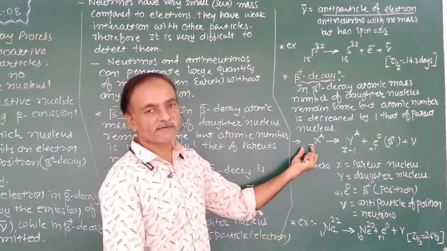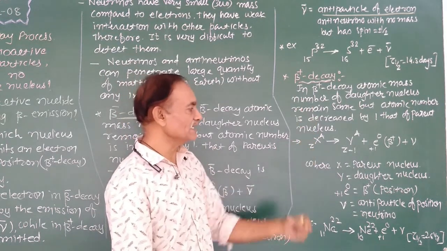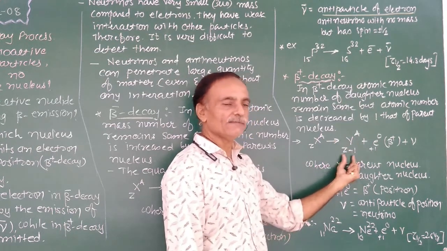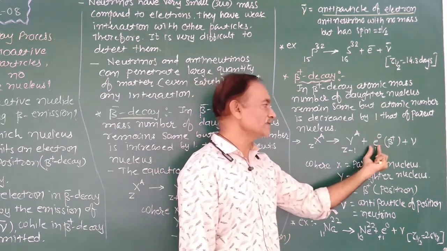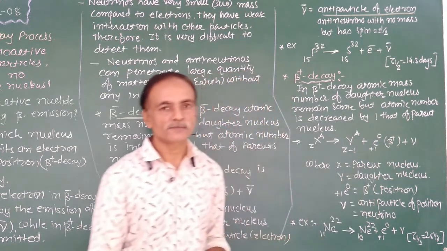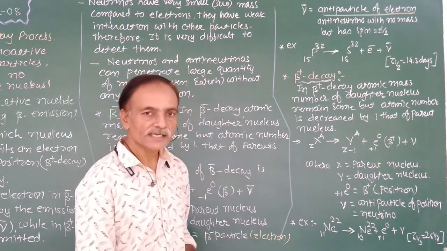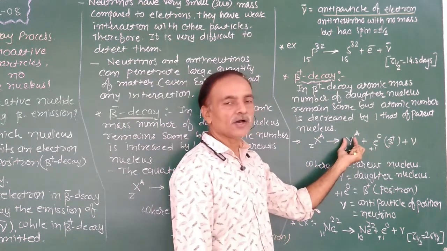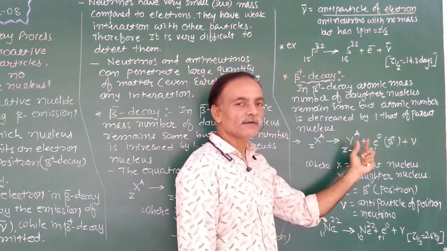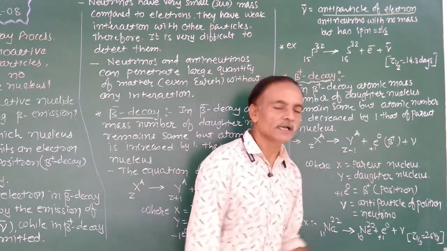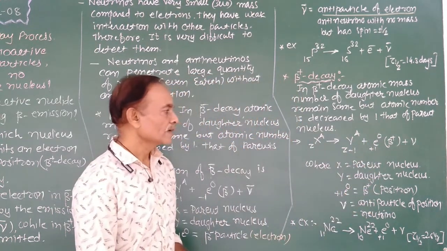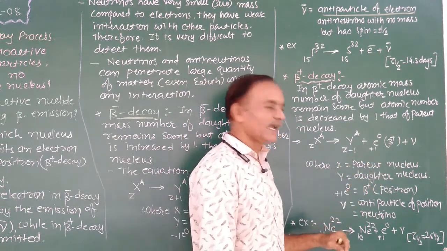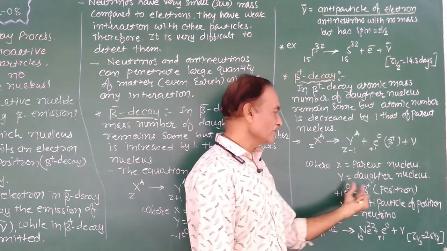The general equation of beta plus decay is X(Z, A) converts into Y(Z-1, A) plus a positron plus a neutrino. Clear? Here X is the parent nucleus and Y is the daughter nucleus.